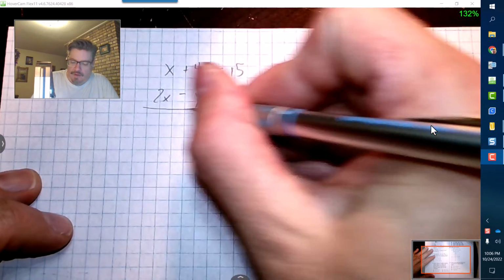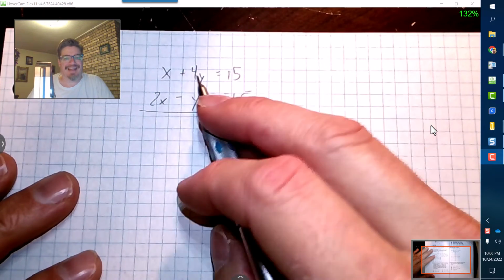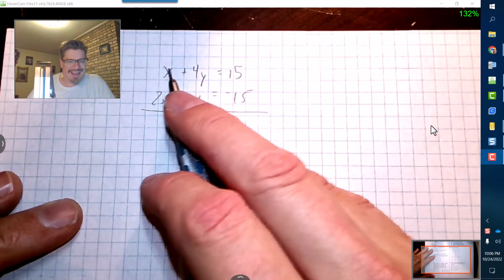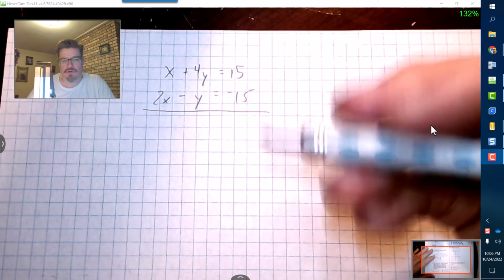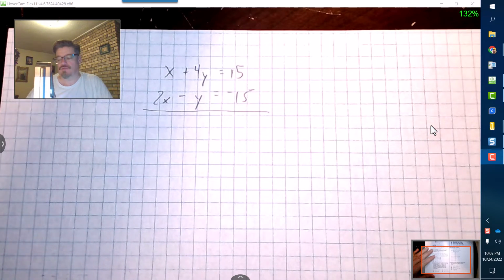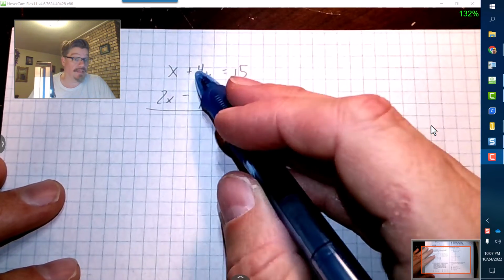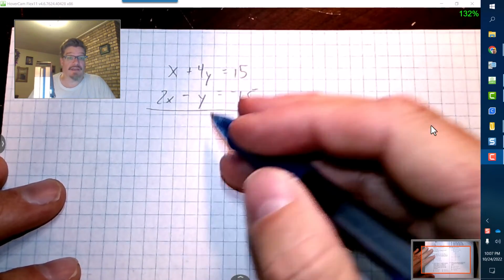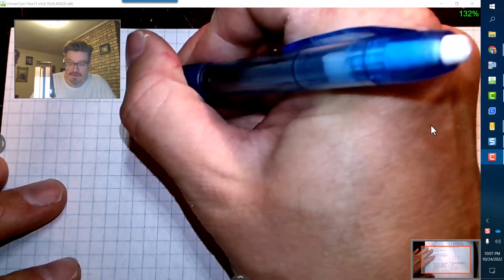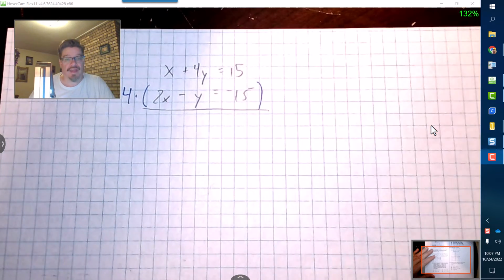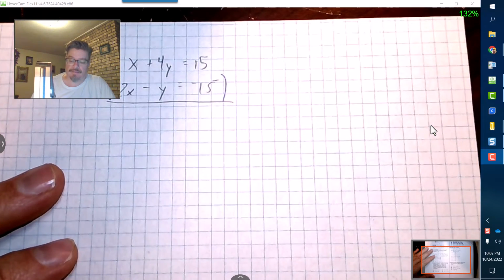All right, so when I look at this right here, I can get rid of the x first, or I can get rid of the y. The only reason why I'm choosing the y is because this guy already has a negative and he is already positive. So if I just multiplied this entire line by 4, then I can actually just get rid of the y's. So I'm going to do that in the next step.